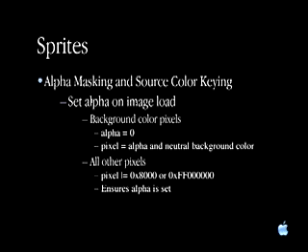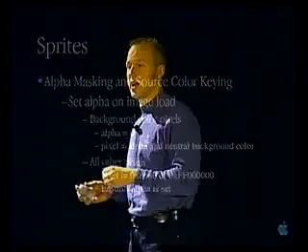Basically, for background color pixels, we're going to set the alpha to 0. And we're going to set the pixel value of those pixels to some neutral background color. For all other pixels, we're going to make sure the alpha is set. So in the 16-bit case, we'll OR that with 8000 hex. And in the 32-bit case, we'll set the 2 high bits to FF to basically make sure they're all 1s in the 2 high bits.